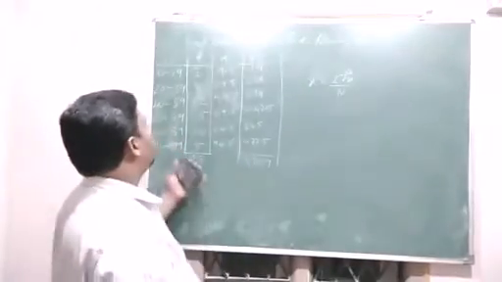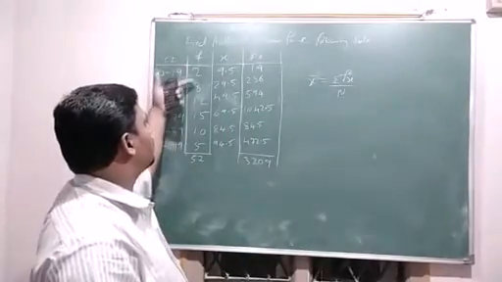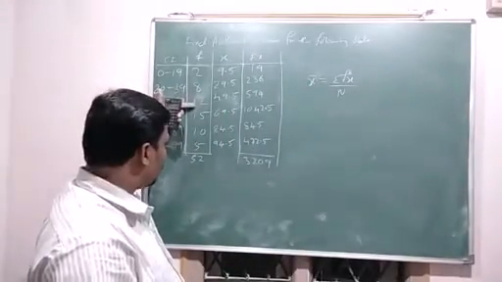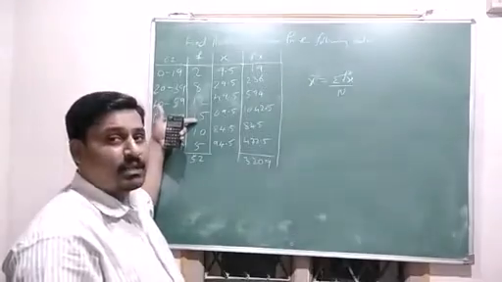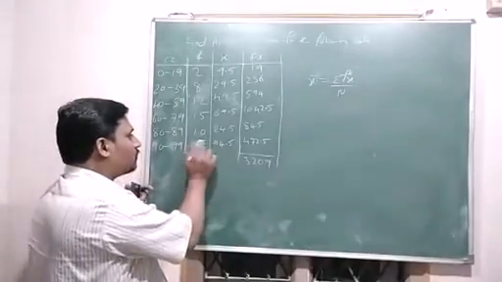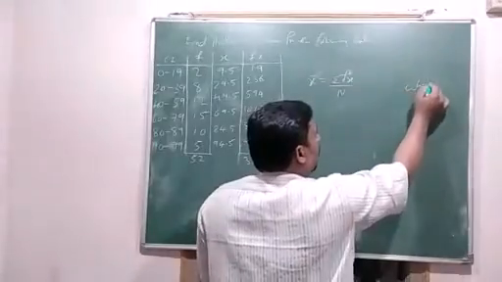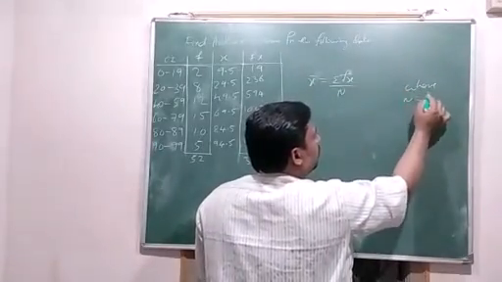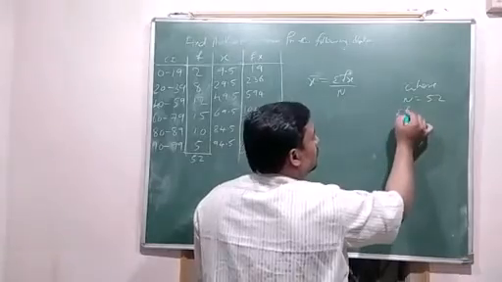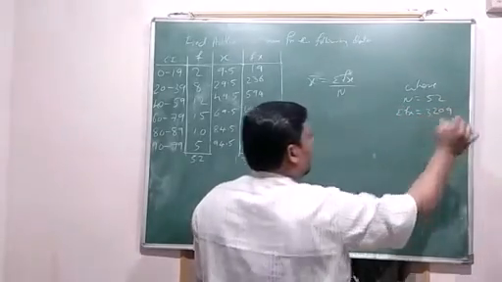And the total for the frequency column, the f column, is 2 plus 8 is 10, plus 12 is 22, plus 15 is 37, plus 10 is 47, plus 5 is 52. So 52 is the N. So let us write them: N is equal to 52 and summation fx is equal to 3209.